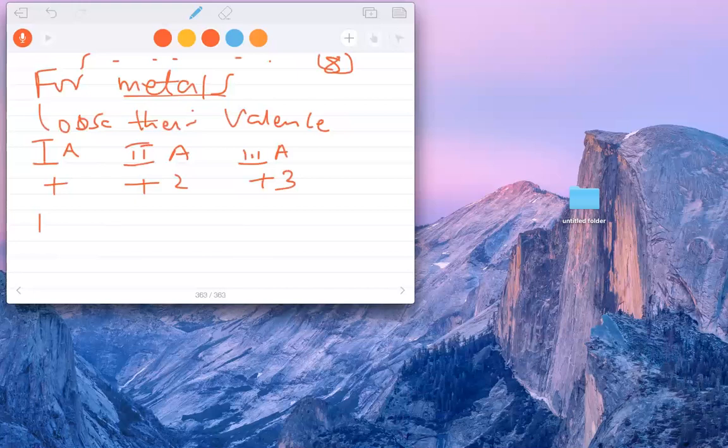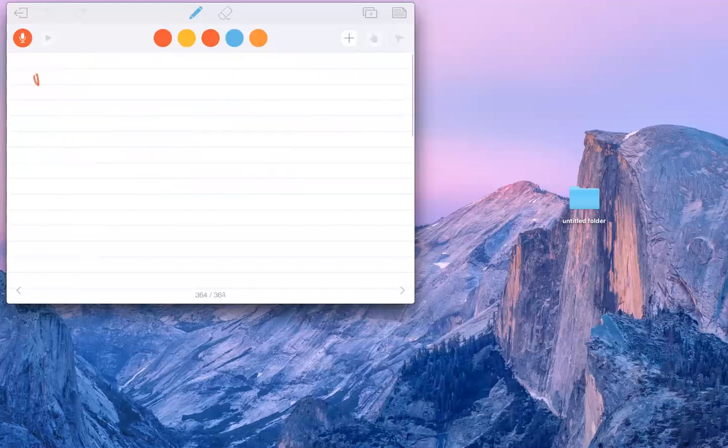Lithium has 3 electrons. If it loses 1 electron, it will form Li positive, and remain with 2 electrons, which looks like group 8 helium. Now, non-metals gain electrons to complete their valence shell with 8 electrons.